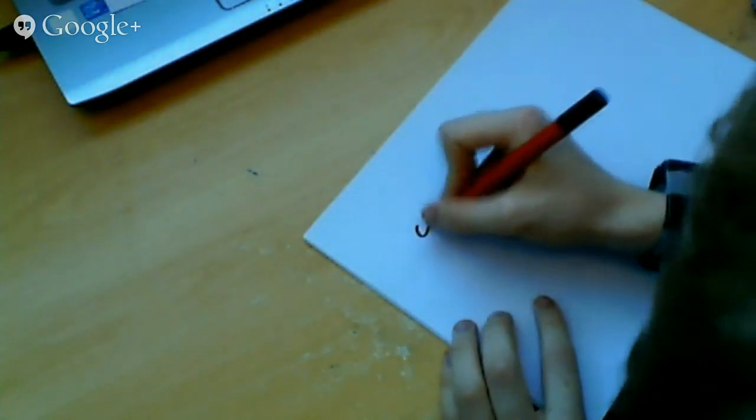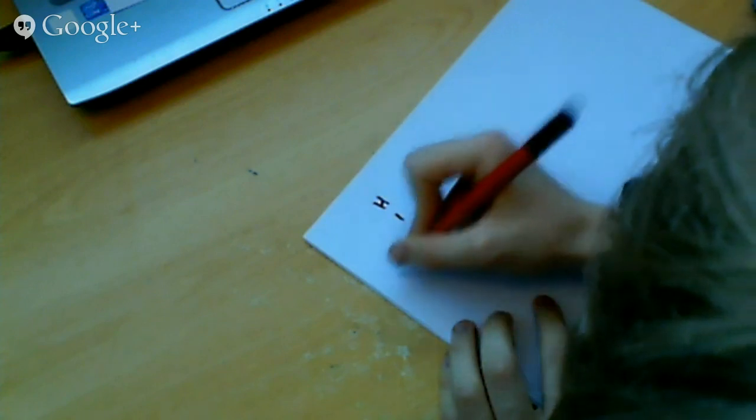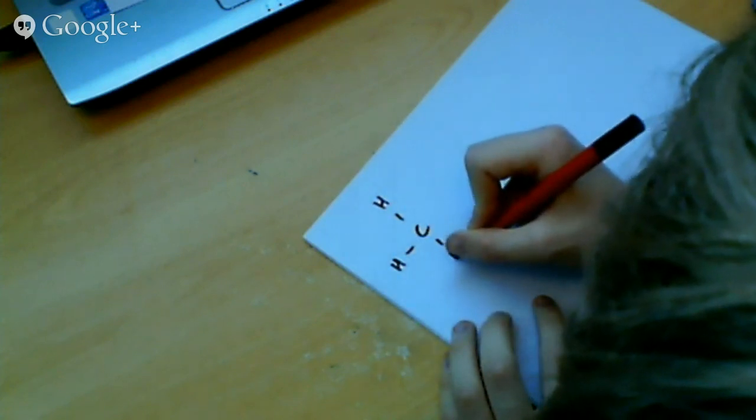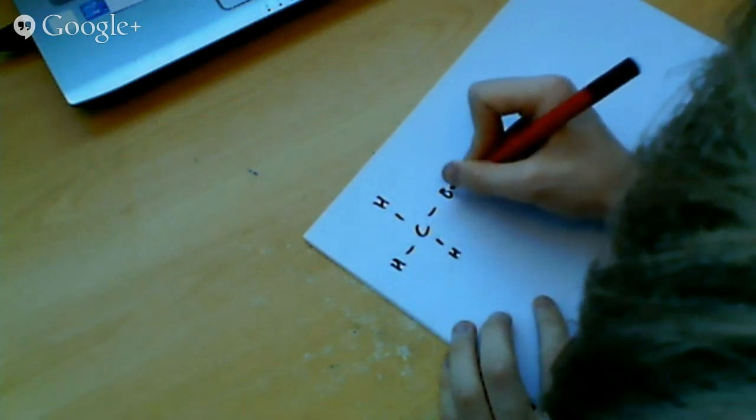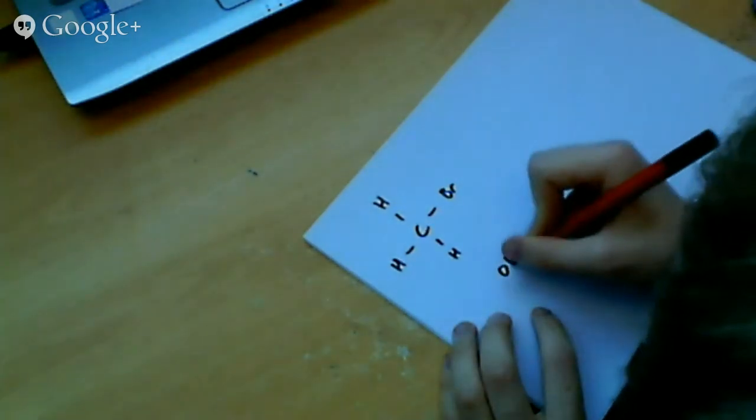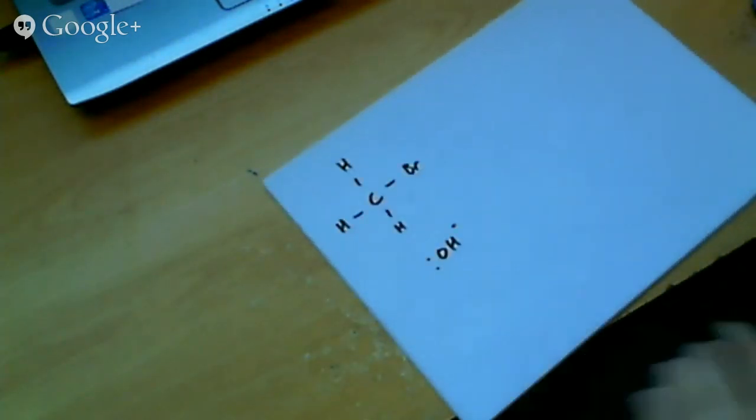Right. Firstly, I was just asked to do nucleophilic substitution with alcohols. So if we have, let's say, bromomethane, and we want to turn it to methanol.